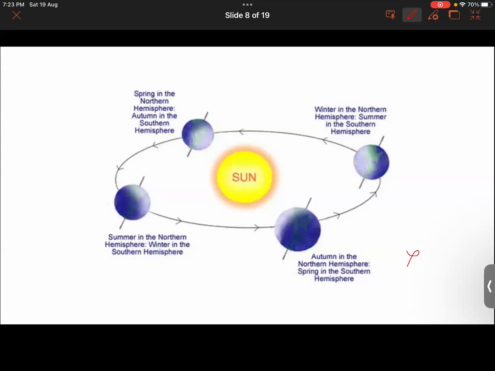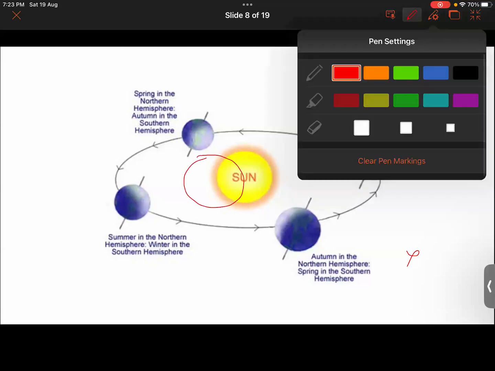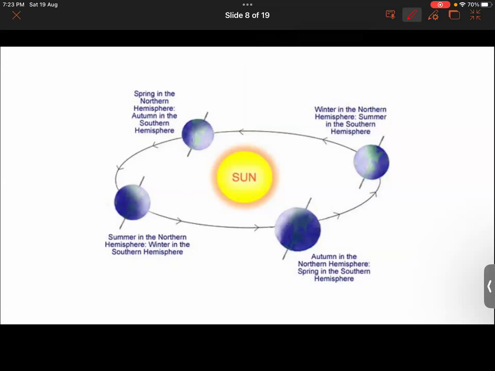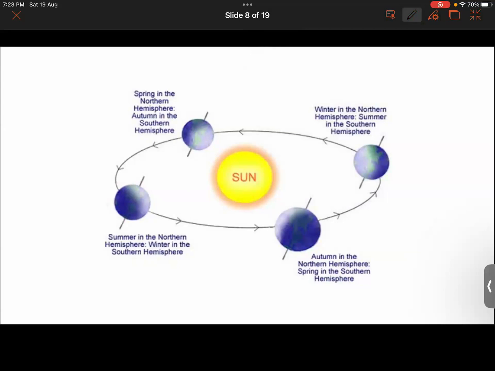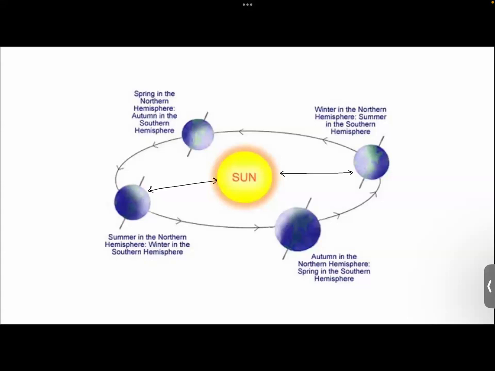The diagram is a little bit different from the real scenario, but for convenience, we take up the same diagram. At different parts of the revolution, for example in this case, the distance between the Earth and Sun is maximum here in the two cases. Maximum distance here. So what do we observe here?